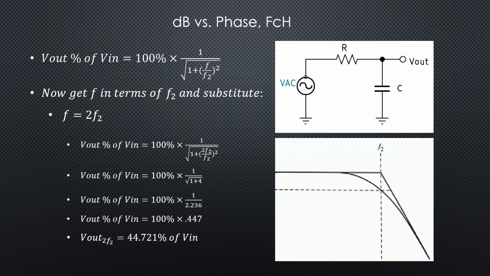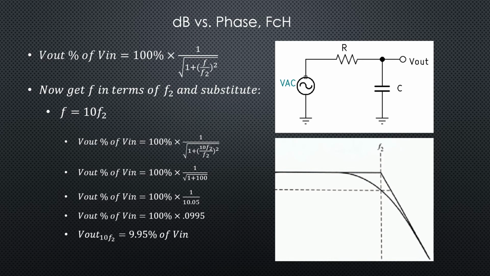All right, so here's 2 F2. F is equal to 2 F2, and that is referred to as our first octave. 2 times F2, 2 times the cutoff frequency, would be our first octave. And we can see that our V out should be 44.721% of Vn.